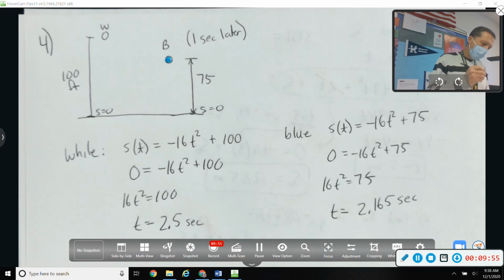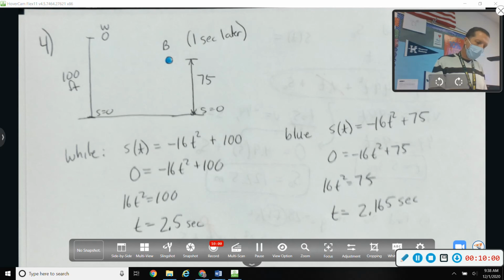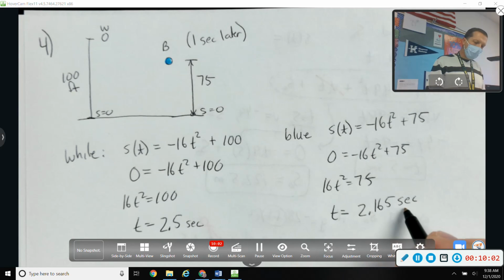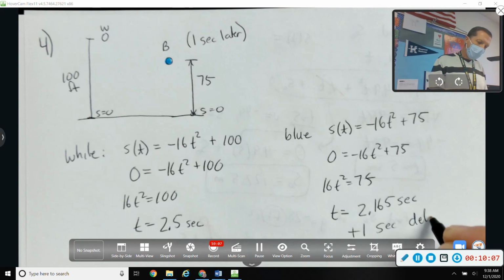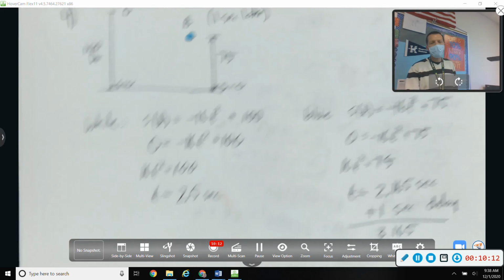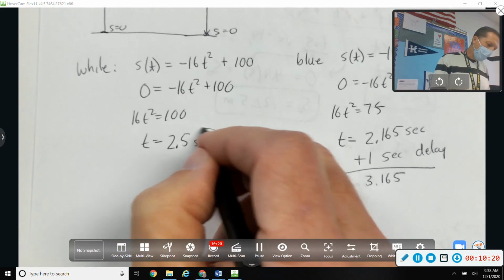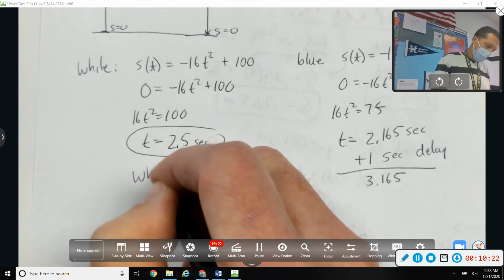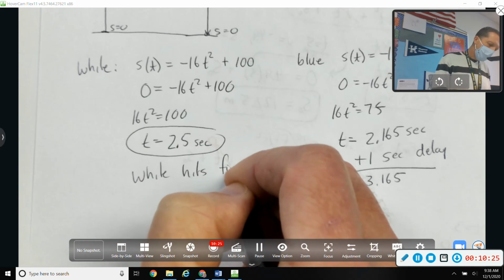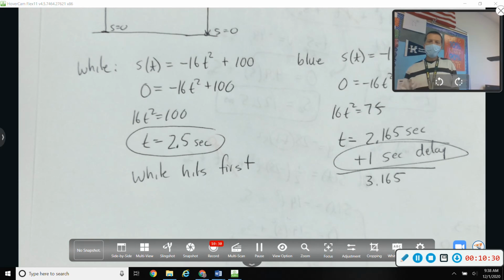The white one lands 2.5 seconds from when we start the experiment. But the blue ball takes 2.1 seconds to fall, plus the 1 second delay. So it would take 3 seconds from the start of the experiment. We start the experiment, wait a second, and then drop the blue ball. So the white one hits the ground first. That was a tricky one because of that 1 second delay thrown in there.